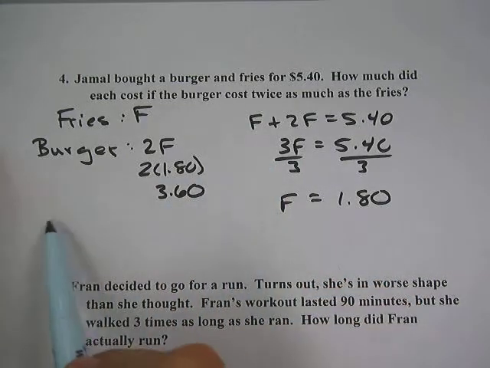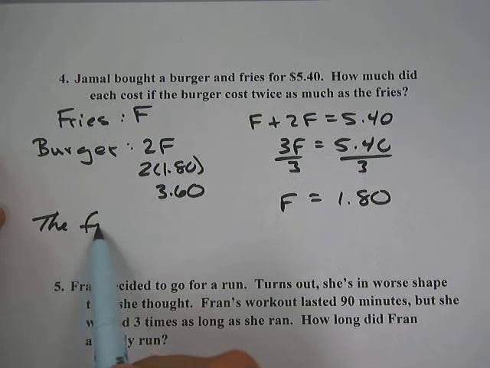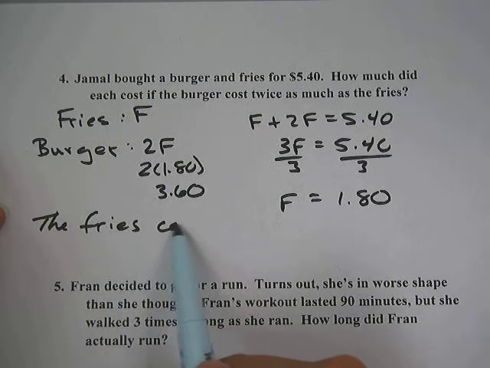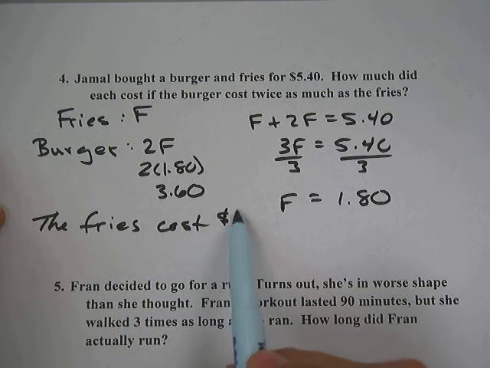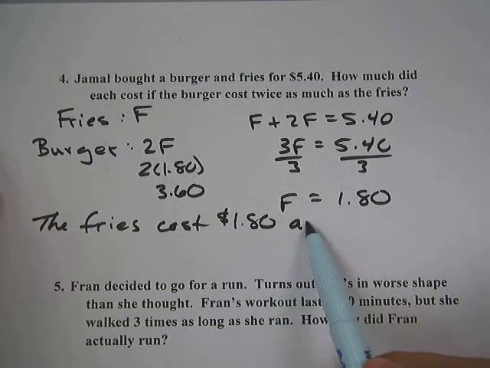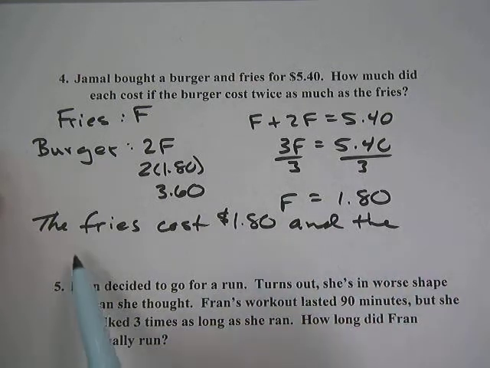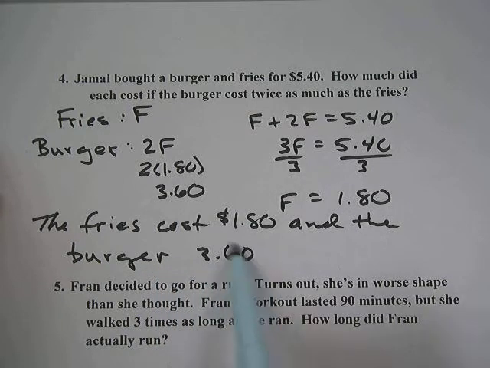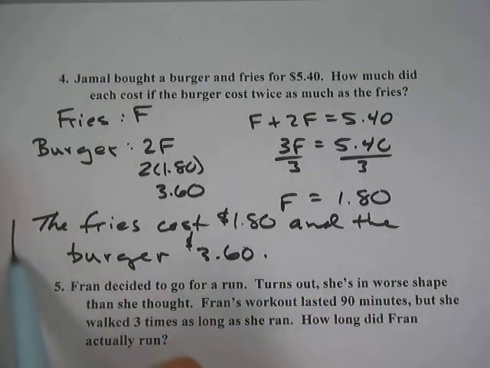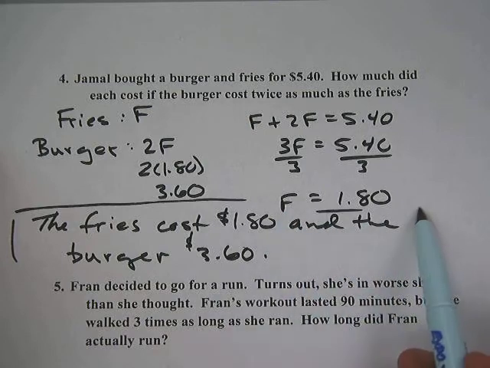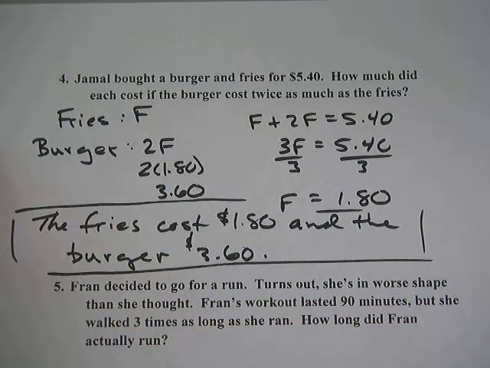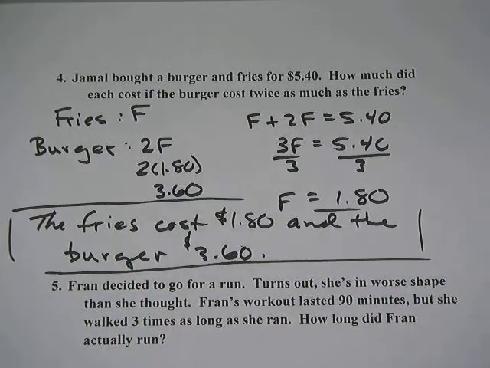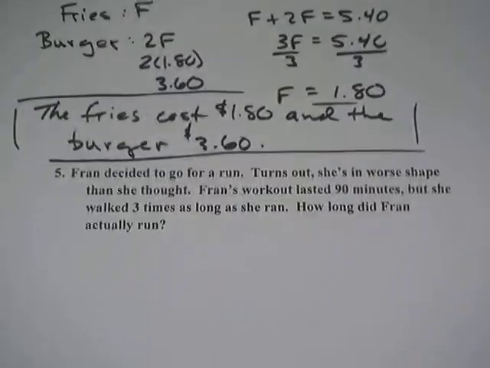Well, the fries is $1.80. Burger is going to be 2 times $1.80, also known as 3.60. So the fries cost $1.80 and the burger $3.60. There you go.